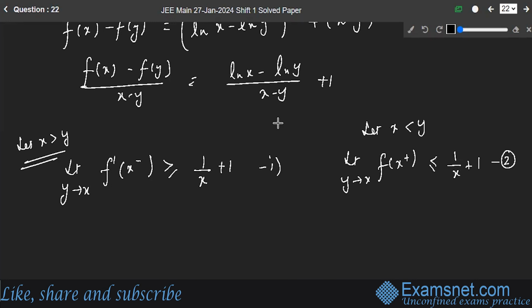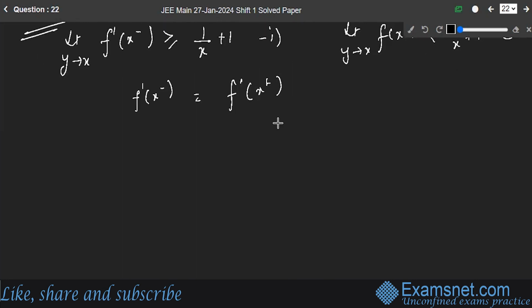Let's say this is equation 2. Okay, so now f dash x minus is equal to f dash x plus according to the question. So from here you will have f dash x is equal to this, or f dash x is equal to 1 upon x plus 1.